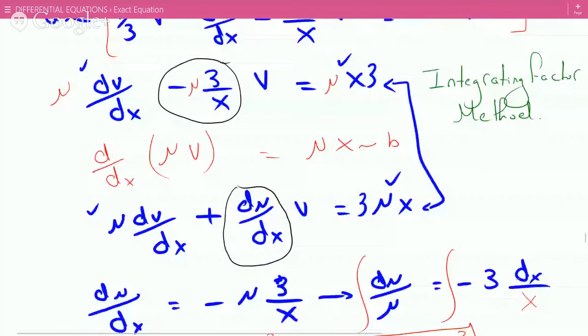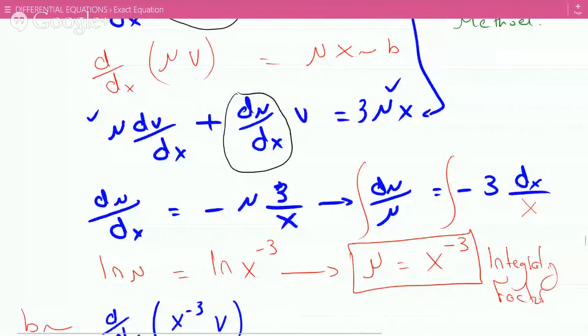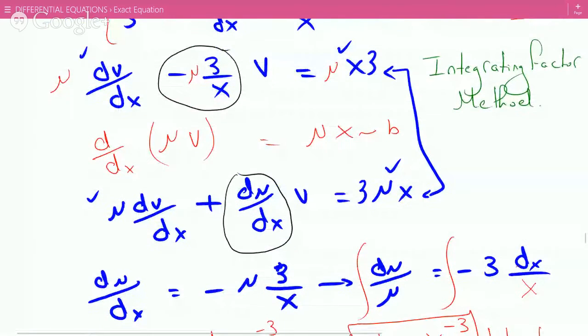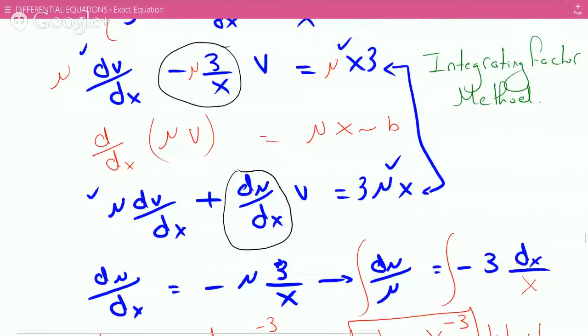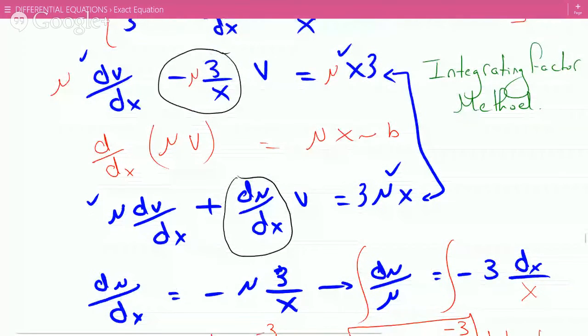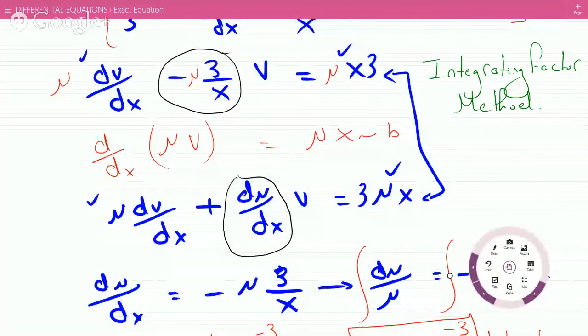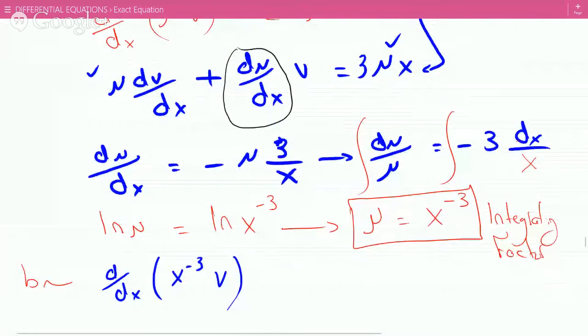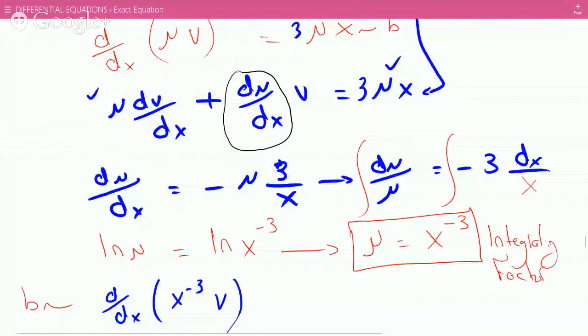Yeah, 3x. So this becomes, and there's a 3 here. Let's see, does this get us the product rule?